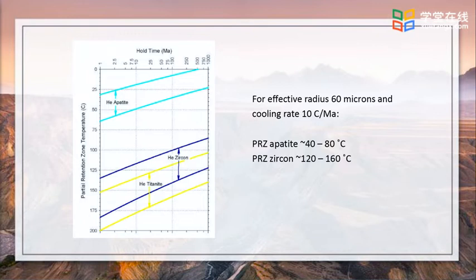At temperatures higher than 80 degrees, helium is lost as rapidly as it is produced, so helium ages remain essentially zero. The helium partial retention zone is the temperature-sensitive region between these two limits, where helium age increases with calendar time, but at a lesser rate due to helium diffusion.